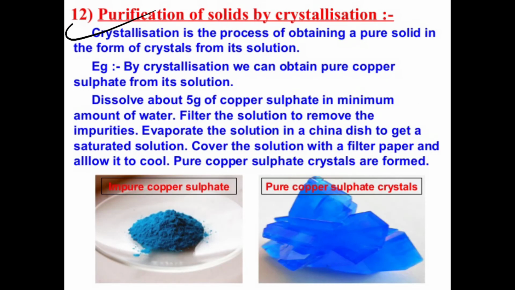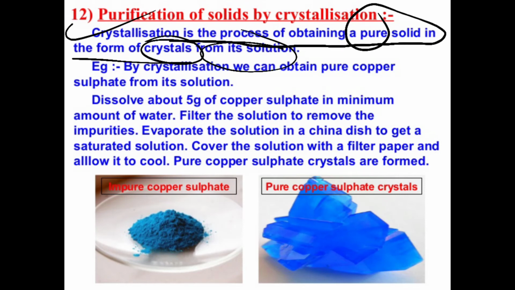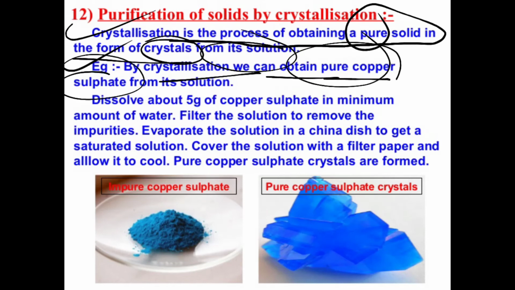Then purification of solids by crystallization. Crystallization is the process of obtaining pure solids in the form of crystals from the solution. By crystallization we can obtain pure copper sulfate from its solution. So how do we use crystallization?